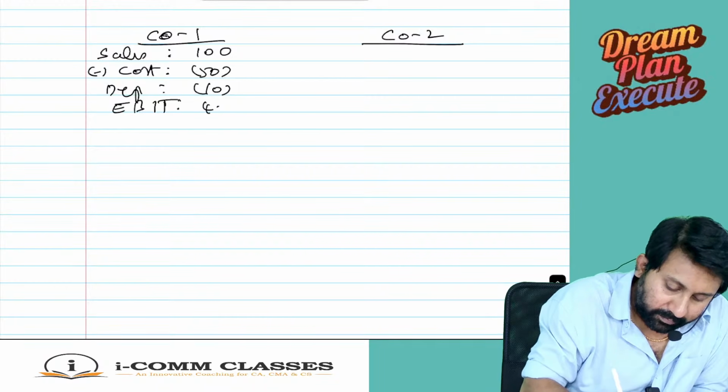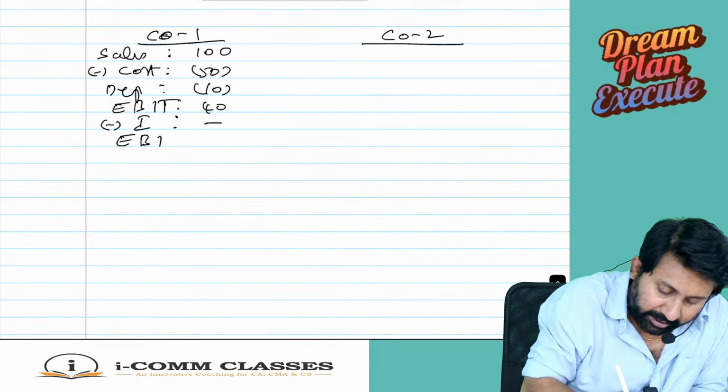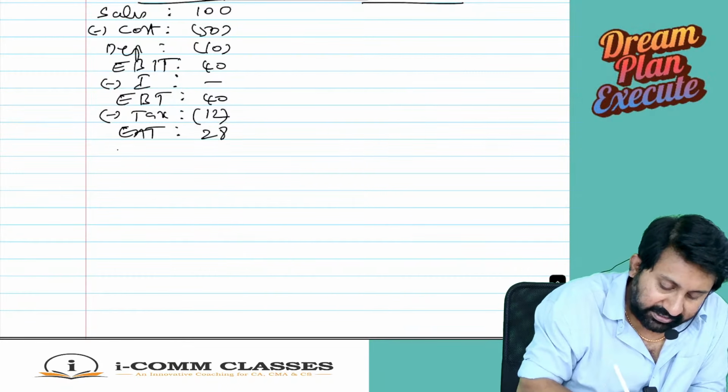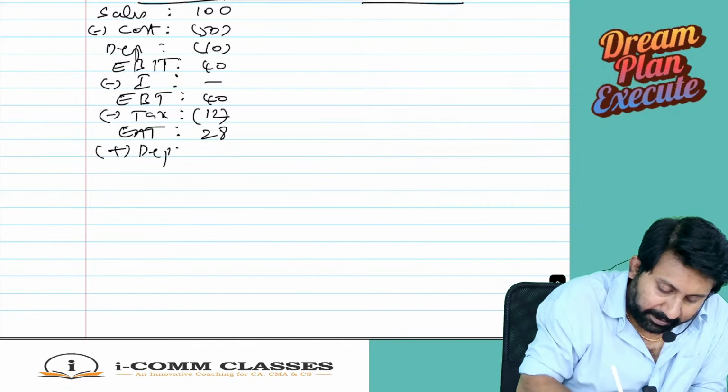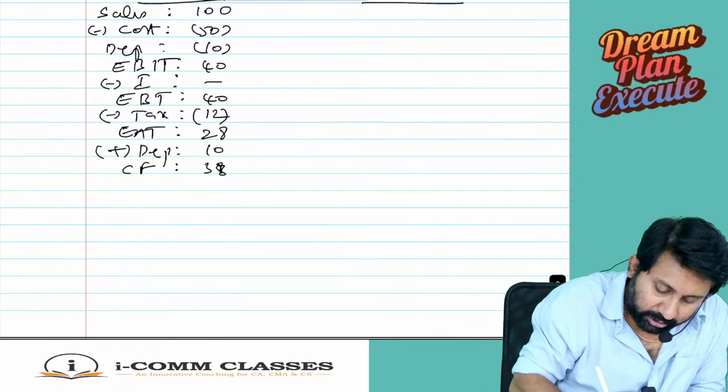How much? Minus interest, 0. EBT minus tax, 12. Okay, what is the EAT? Plus depreciation. Totally the profit, cash flow will be, understood?